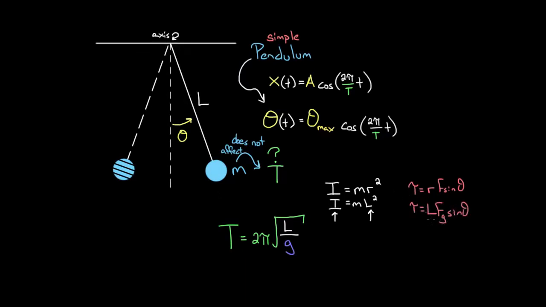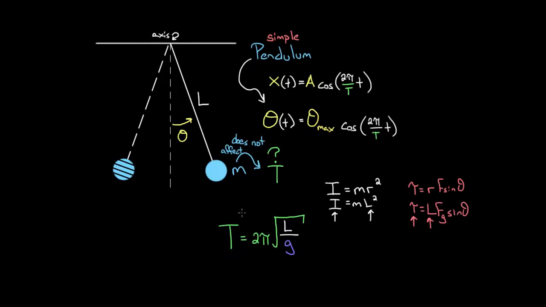So you might say, look, if the length increases, so would the amount of torque. So I've got more torque trying to make this thing move around. I've also got more inertia, so it's harder to move around. Do those offset like so many of these other things offset? They don't. Look at this, torque will increase, but it only increases with L. It's only proportional to L. This moment of inertia is proportional to L squared.